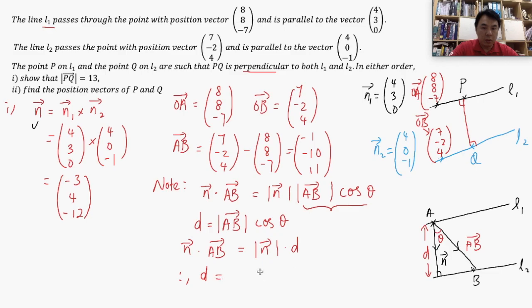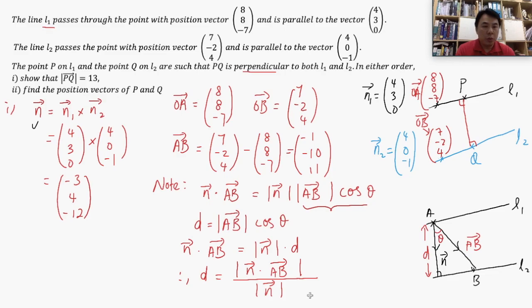Therefore, the shortest distance is given by the scalar product between the direction vector here and AB, divided by its magnitude. In order not to produce any negative number, I will include the absolute symbol here.